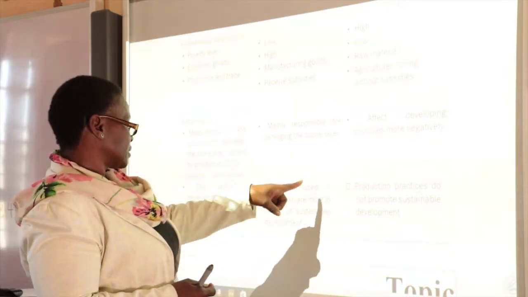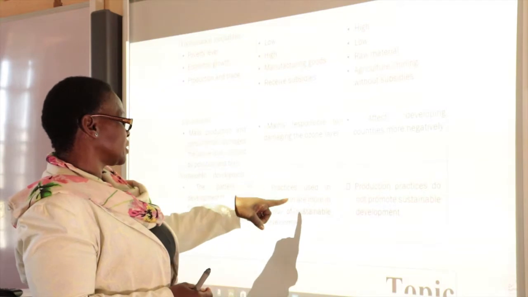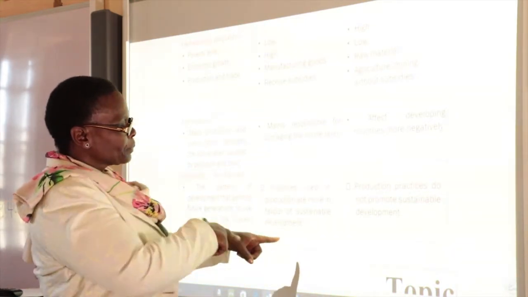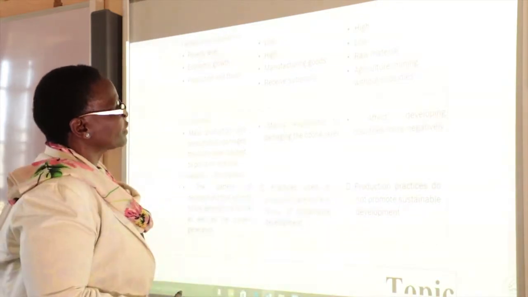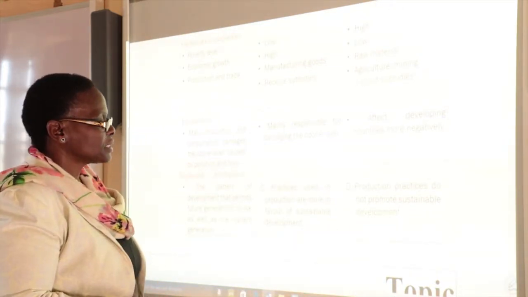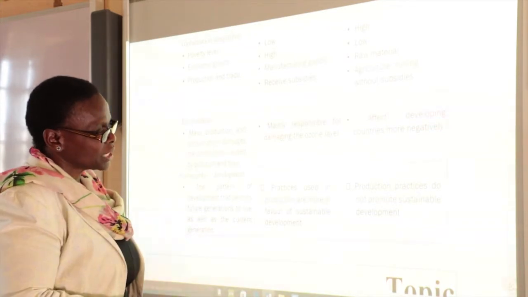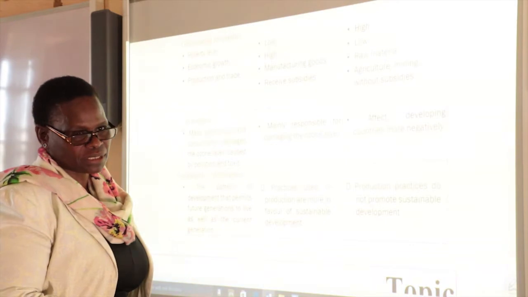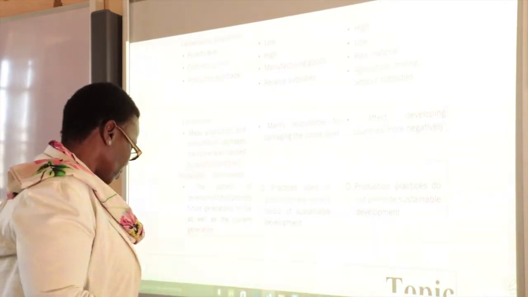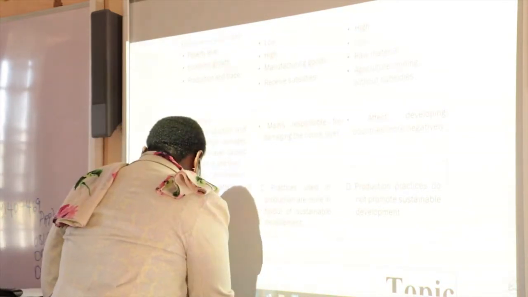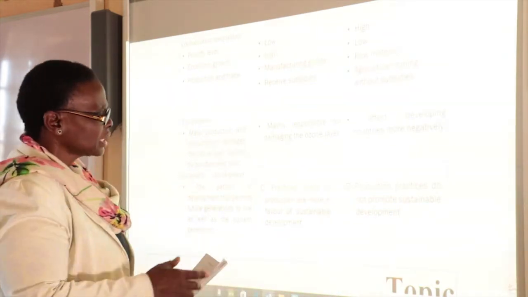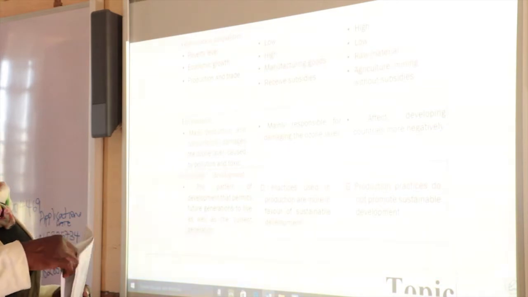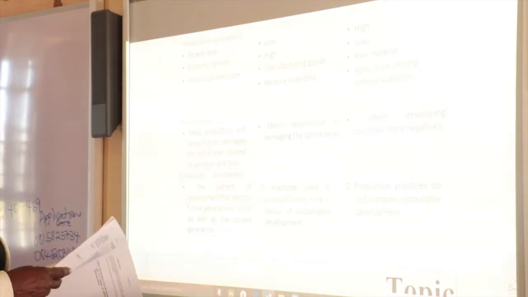So the practices used in production in developed countries are more in favor of sustainable development, whereas with the developing countries, production practices do not promote sustainable development. For example, their farming methods destroy the environment because they do not practice efficient use of the natural resources or the environment.